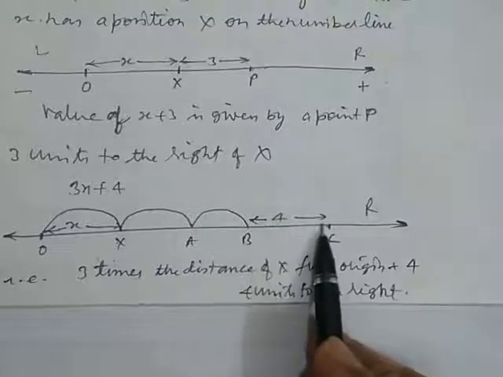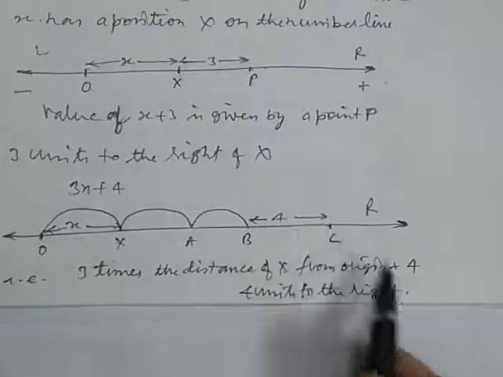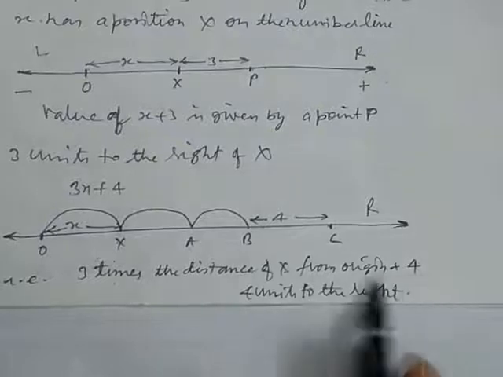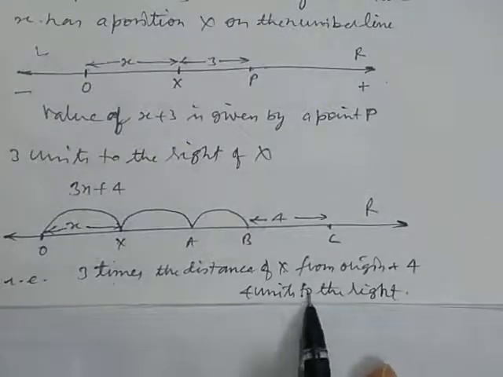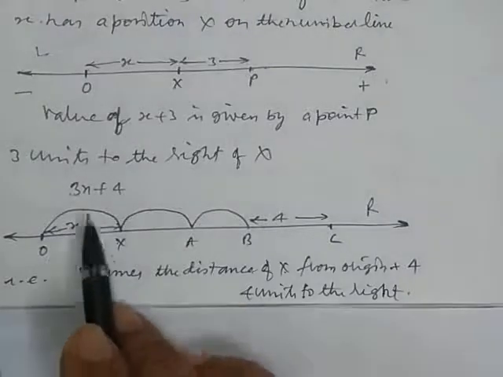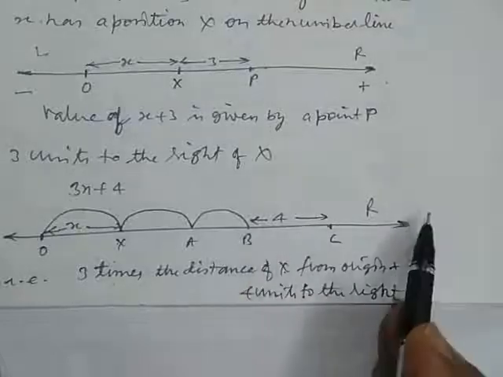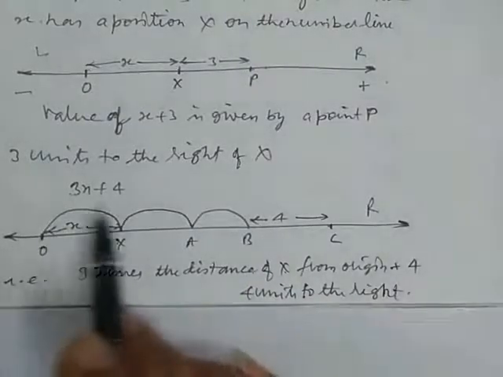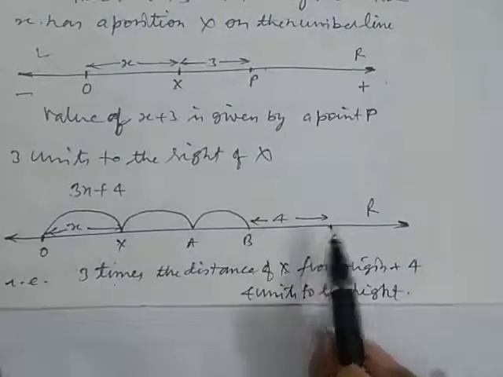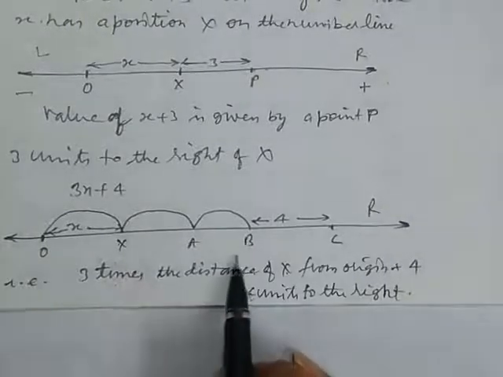Then add 4 points, so we get 3x plus 4 and we reach C. From 3x we move plus 4 units in the right direction also. This way we reach C. So this is the way to express an expression on the number line.